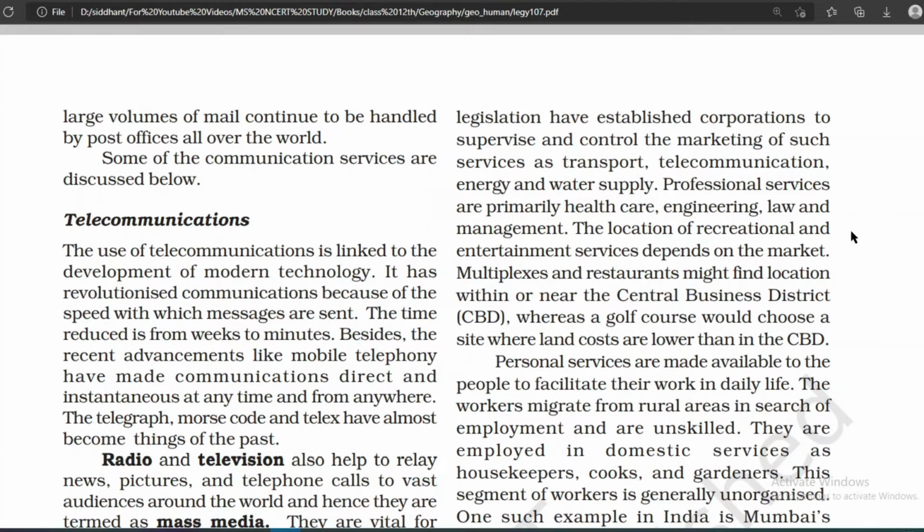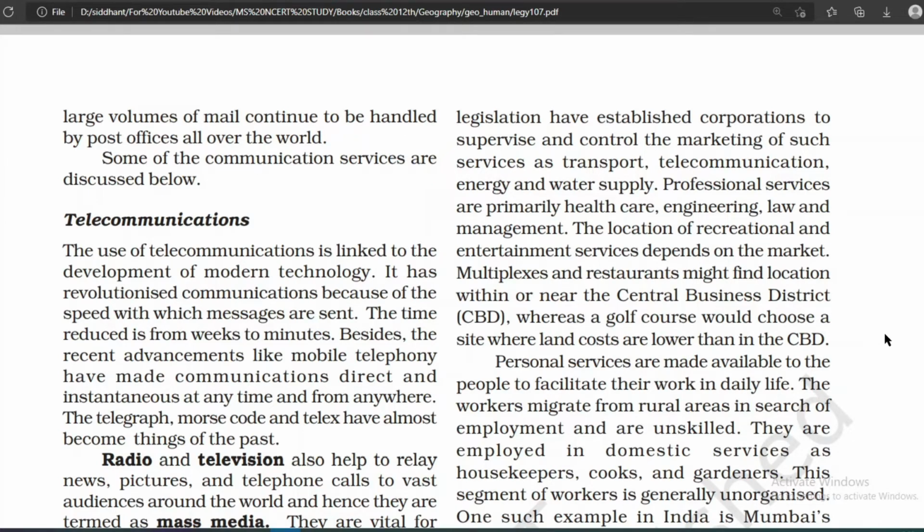The location of recreational and entertainment services depends on the market. Multiplexes and restaurants might find location within or near the central business district (CBD), whereas a golf course would choose a site where land costs are lower than in the CBD.